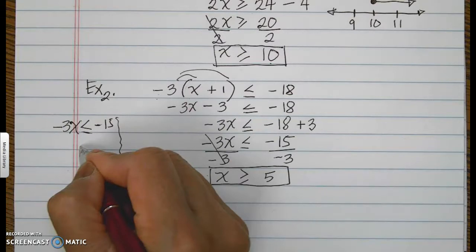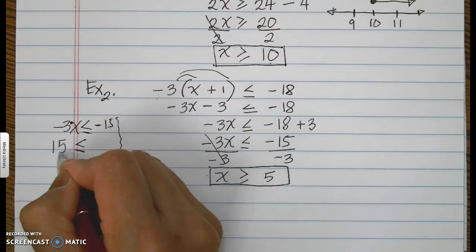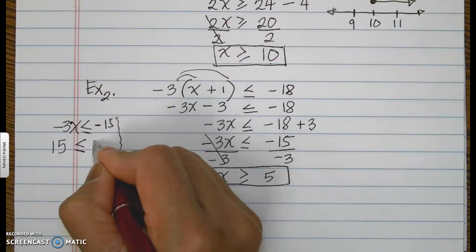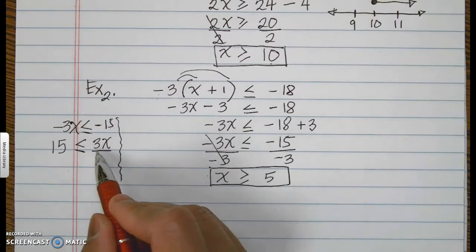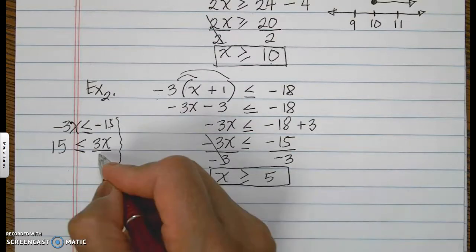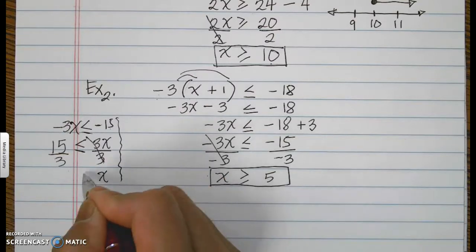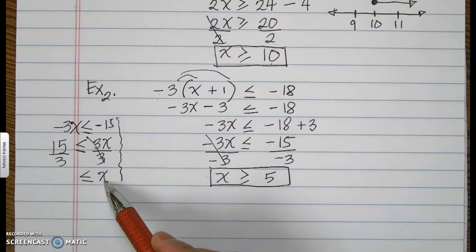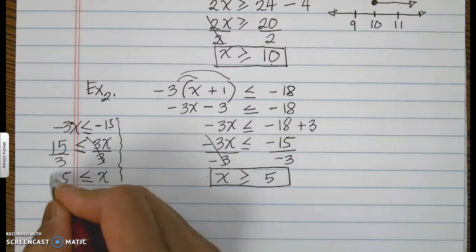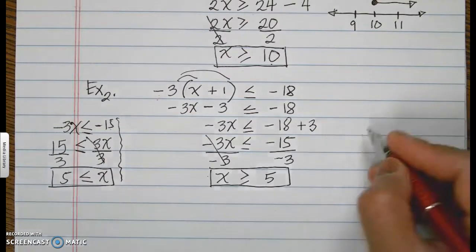I don't know if you will agree with me, but this can go here, which will be a positive 15, and this can go to the other side, which will be a positive 3x. Remember, I said that you can do that. Now, you don't have to divide by a negative number. This is positive. Divide by this. So x is not less than, because you're going to read it from the x. So the x is greater than or equal to 5. Guys, these two are the same. Therefore, the graph would look like this.